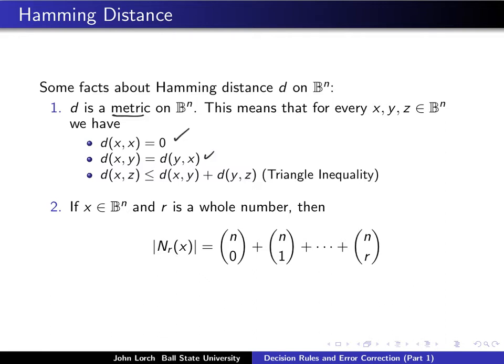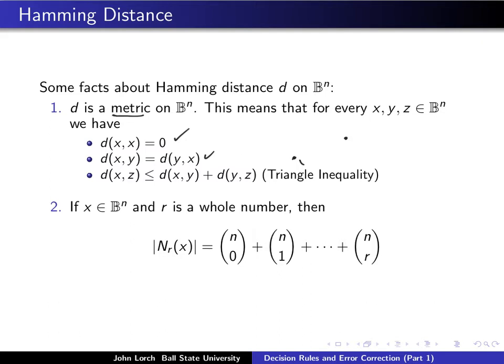And then finally, we have this thing called the triangle inequality, which says that the distance between any two strings is less than or equal to the sum of the distance from x to a third string plus the distance from that third string to z. Right, so you can sort of think about it visually like this.